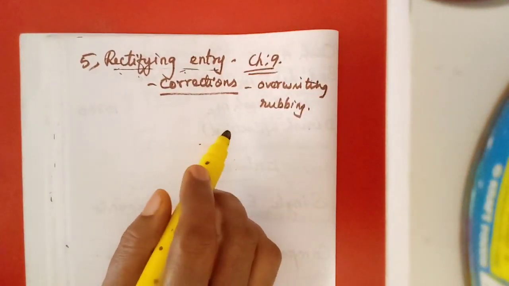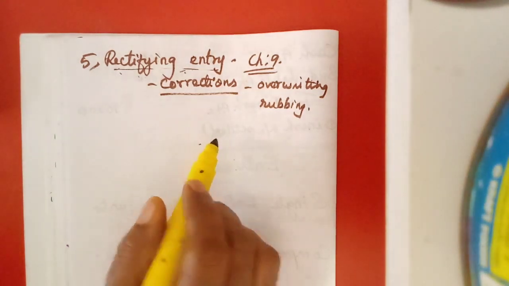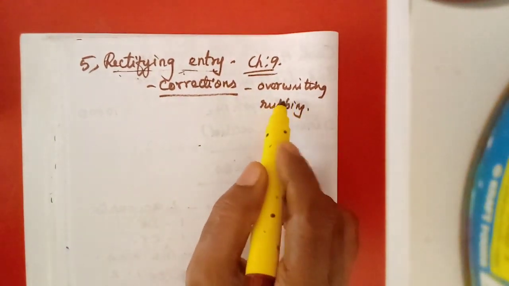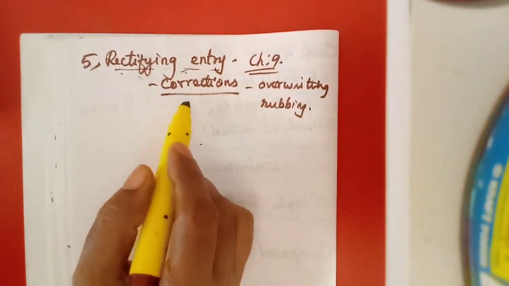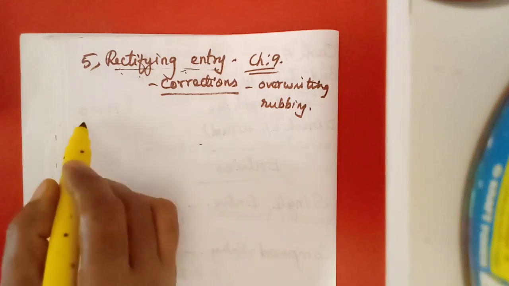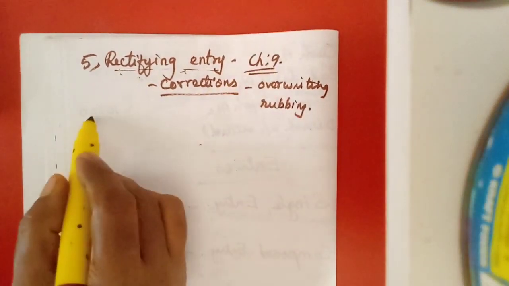That is called forgery. We should not correct anything in the same place. Instead, we should prepare one entry to correct that error. That is called rectifying entry.